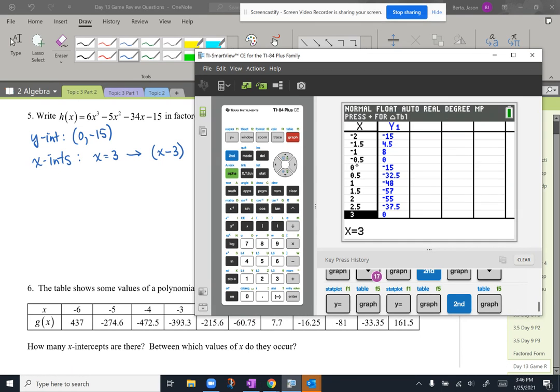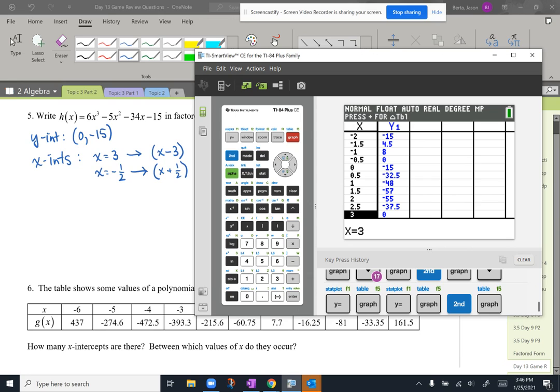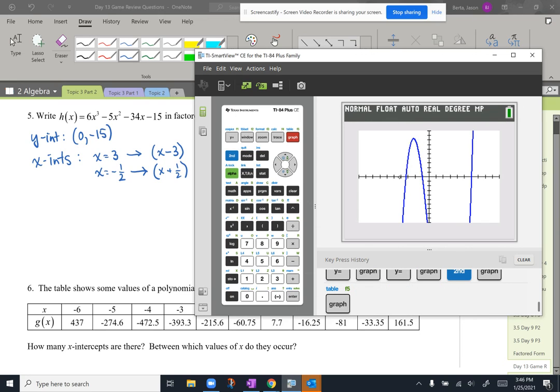Going back to my table, there's another one at negative 1/2. So when x equals negative 1/2, that's also an x-intercept. And that corresponds to a factor of x plus 1/2. And then I need to find the third one. Remember, looking back at the graph, there's a third one.